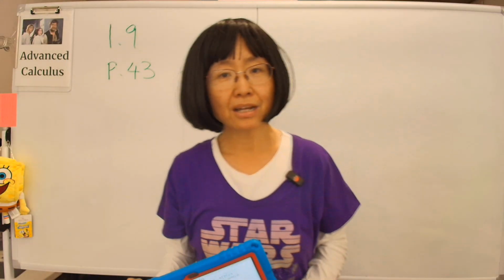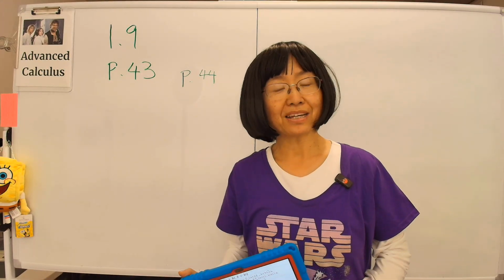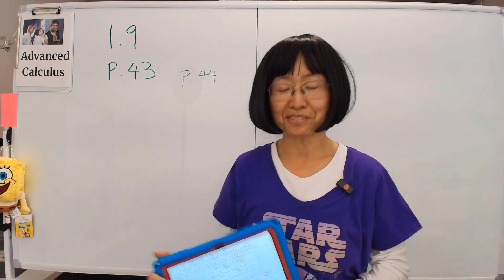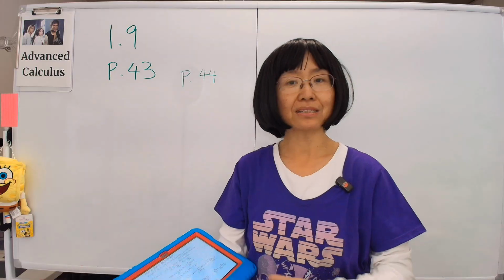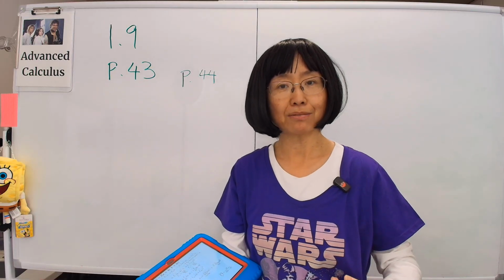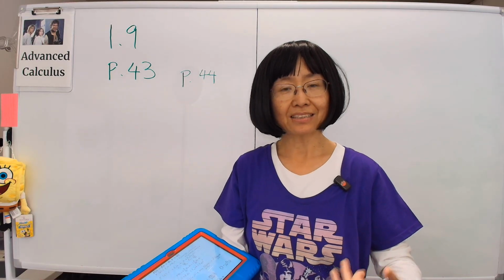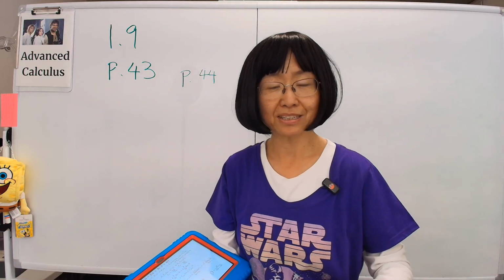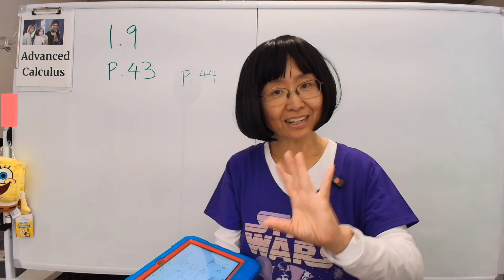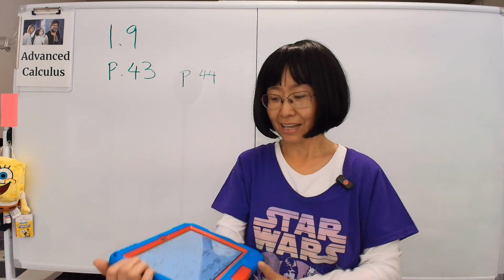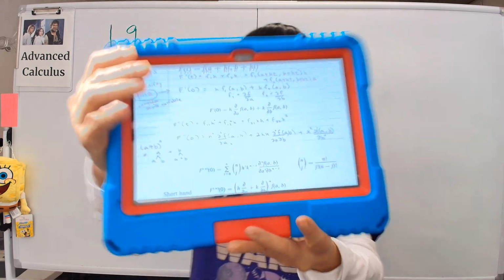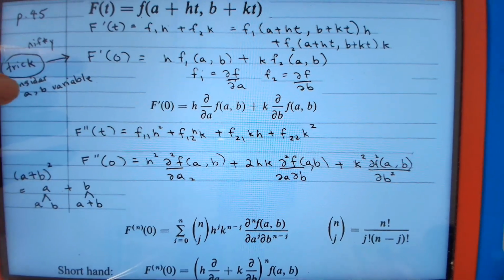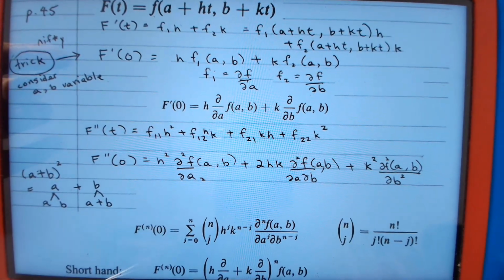Now you might wonder, why would that be? Because I thought a and b are constants. They were, but at this point we are going to turn them into variables. And it is true, because originally when we defined the partial derivatives, we said that f1 is taking the partial derivative with respect to whatever variable is in the first position, doesn't matter what. So we're going to take that reasoning, and now we're going to work backwards and call f1 partial f partial a, and f2 partial f partial b, which I thought was quite a neat trick.